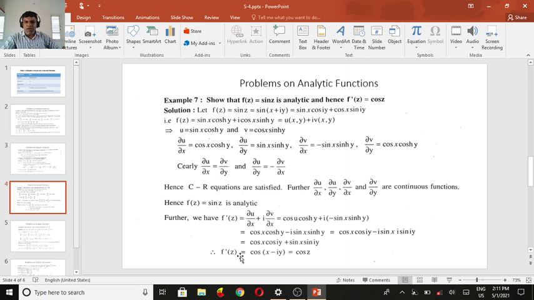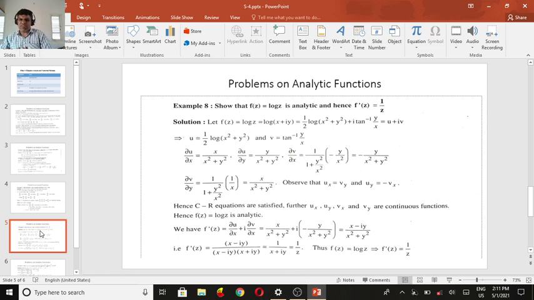Because this is i squared, which is minus 1, minus of minus gives plus 1, so this term becomes negative: cos x cos iy minus sin x sin iy. This is the formula for cos(a + b), so we get cos(x + iy). The cos(x + iy) is the complex number z, so cos z. The derivative of sin z is cos z, which means f dash of z equals cos z.